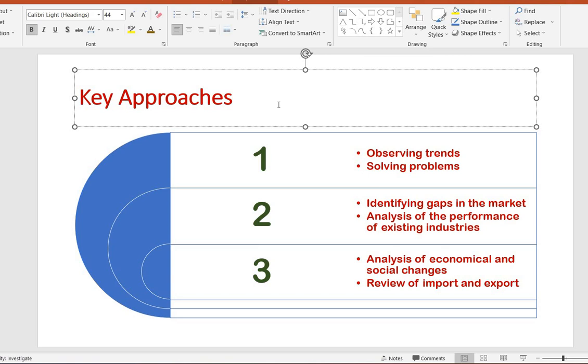Now, the next thing is identifying gaps in the market, because it is important. It has been observed that over a long period of time, there always exist certain very specific segments of customers and companies serving or providing something target oriented, for a particular intended customer. Beyond that, there are some loopholes or gaps which we can identify.